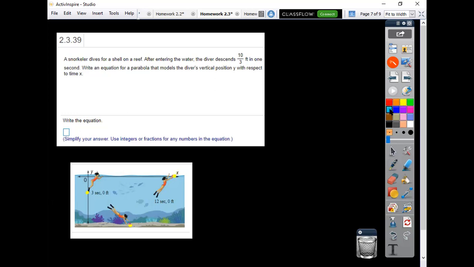Sounds to me like the missing piece in the story would be: we've got 1 second with the 10/3, we've got the point 12, 0, and we've got the point 3, 0 that's given over in the story. So these are like ordered pairs.